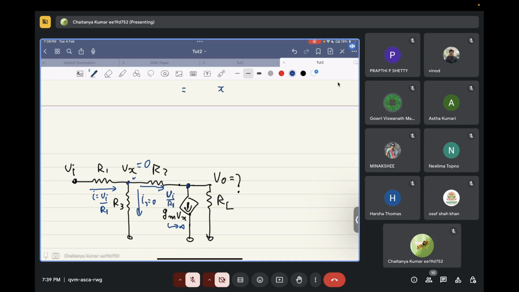So if Vx is equal to 0, current flowing through R2 is Vi by R1. So what is V0? Minus R2 divided by R1 into Vi, right?